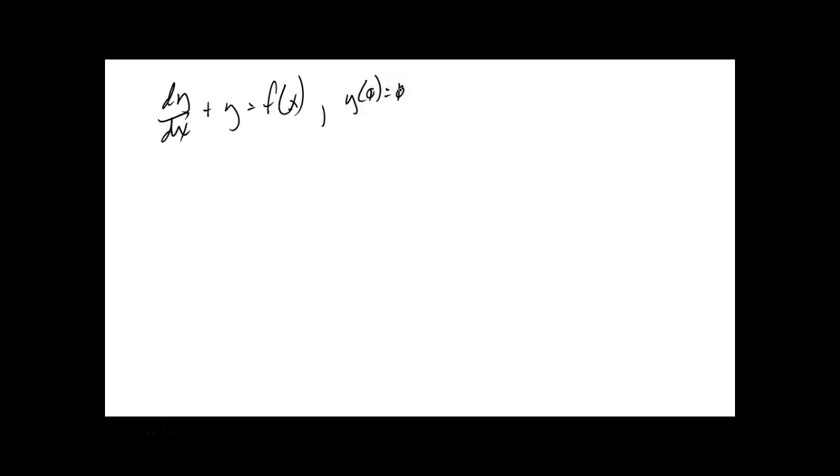That's looking pretty good so far. But the problem comes in that f of x is a discontinuous function. It's equal to 1 for 0 less than or equal to x less than or equal to 1. It's equal to 0 anytime x is greater than 1.